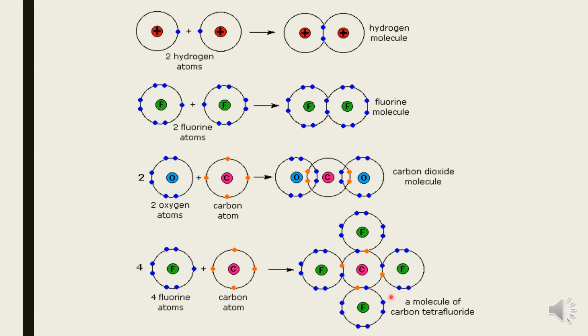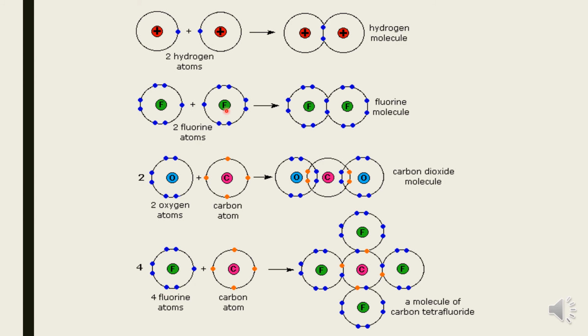Now children, another examples. One example, hydrogen atom we have learnt just now. Second example, fluorine or chlorine, I would say. Chlorine, bromine, fluorine, all are same. Children, what is happening? This is the fluorine and this is the outermost shell of fluorine with 7 electrons. This fluorine will share its 1 electron with another fluorine.